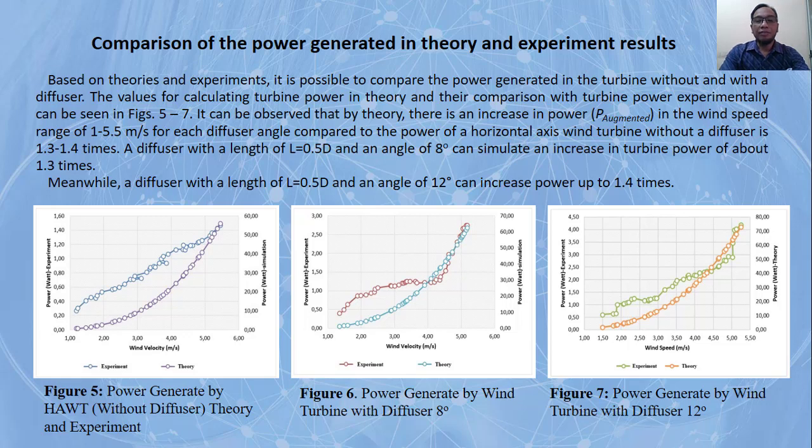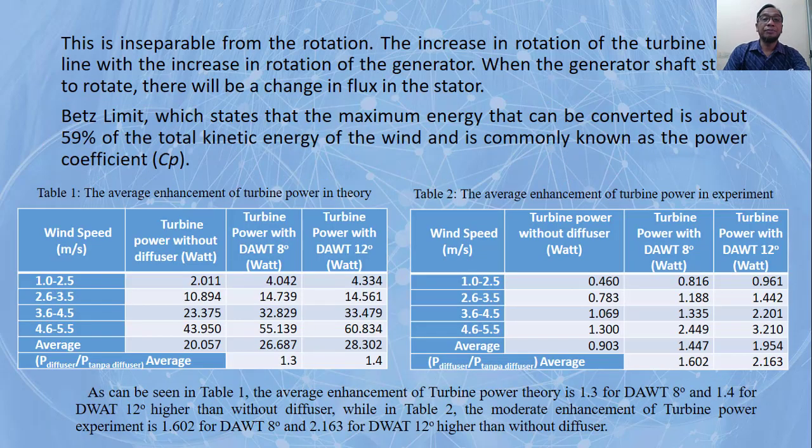In Figure 6, the power generated by the wind turbine with an 8 degree diffuser. In Figure 7, the power generated by the wind turbine with a 12 degree diffuser.